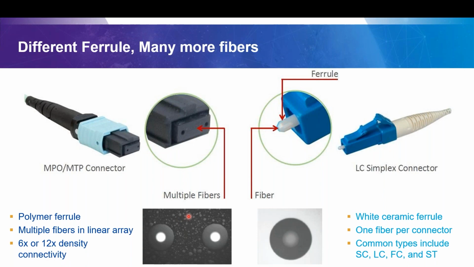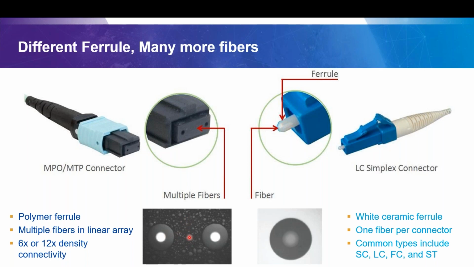All right, so this is where I was saying, on the right-hand side here, we've got just a simple LC simplex connector, just one single fiber. If you look at that through an inspection probe, you've got this nice white ceramic ferrule around the outside of it, and then you've got the fiber in the middle here. When we look at an MPO connector, again, because it's a polymer ferrule, you'll see all these dots and bumps and little blisters on the ferrule, and that's just because it's a polymer.